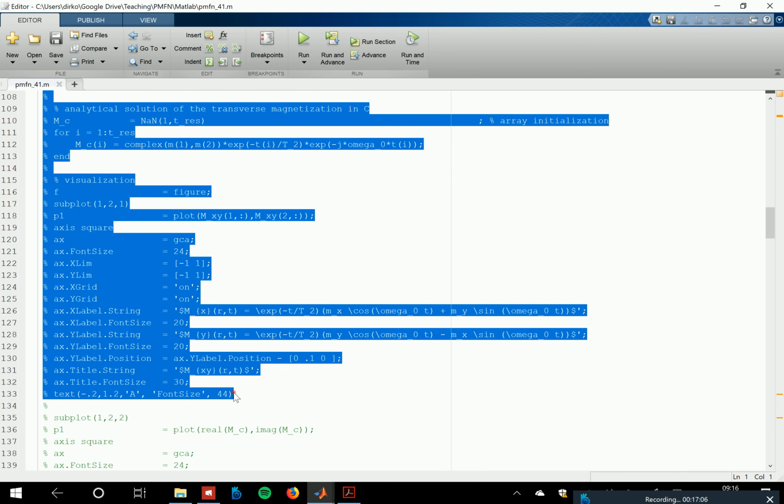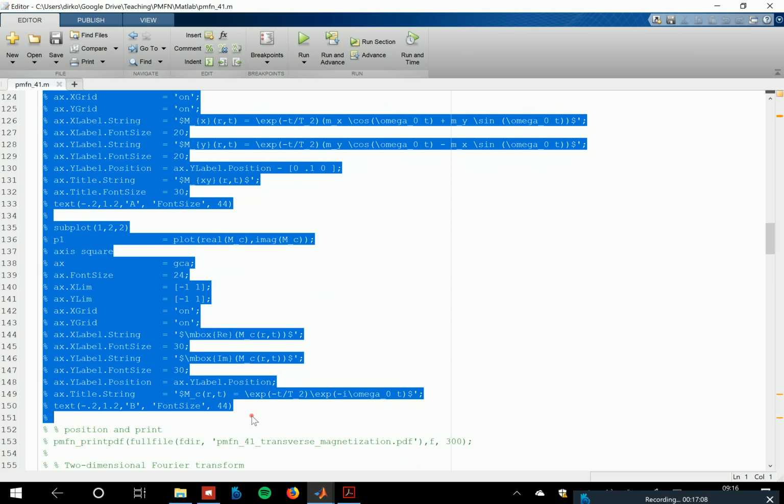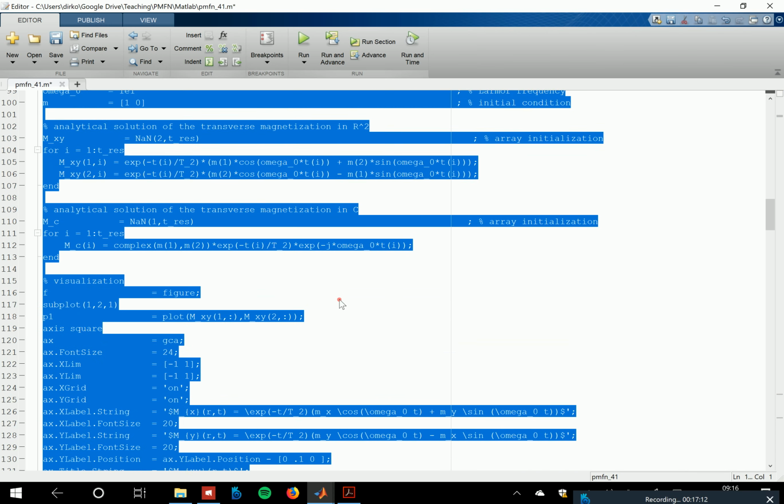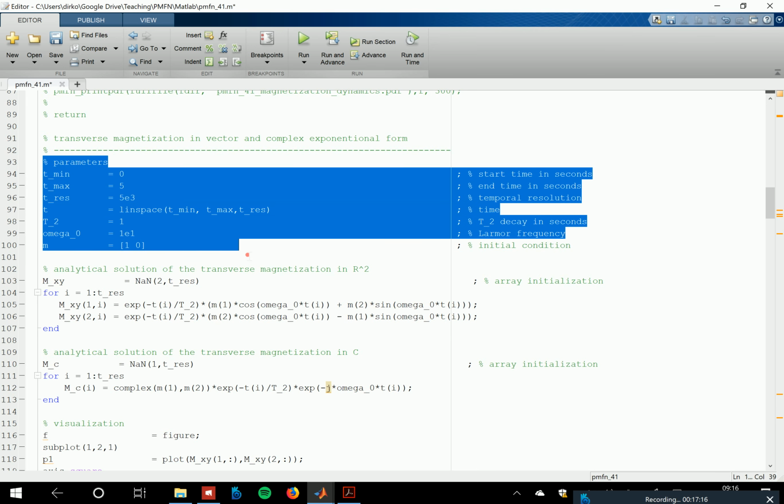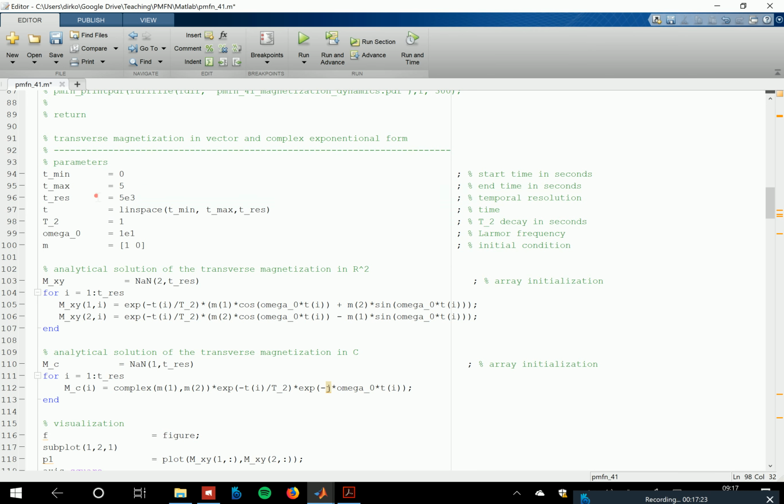So these plots that I showed you previously result from this code. So again, I'm defining some time vector. So time is specified.